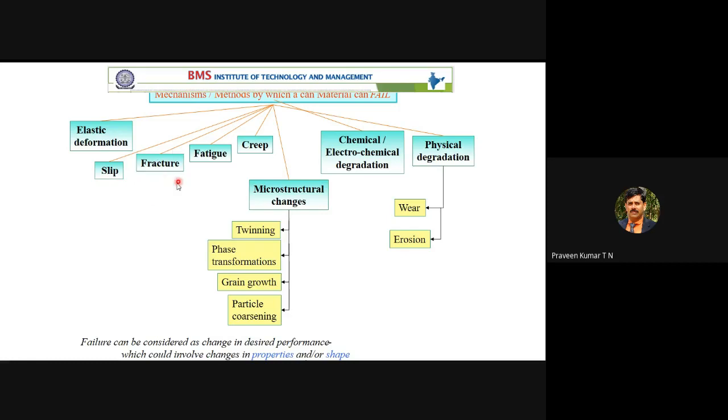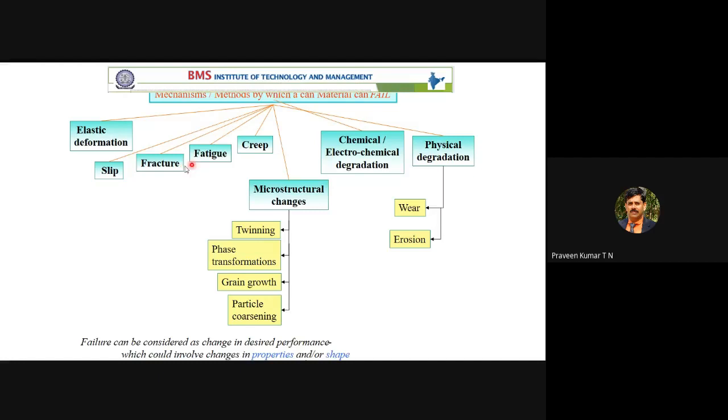But when you come to fracture, there is an existing crack in the material itself. Before applying the load, there is already a crack, a defect, in the material. When it is subjected to loading, the crack will propagate and failure takes place.